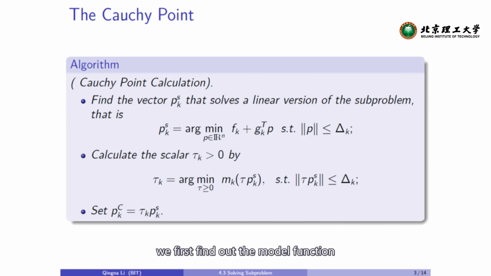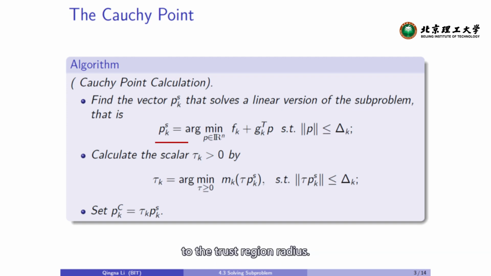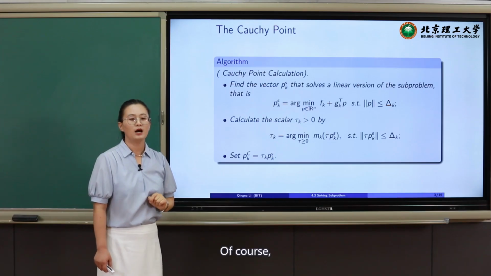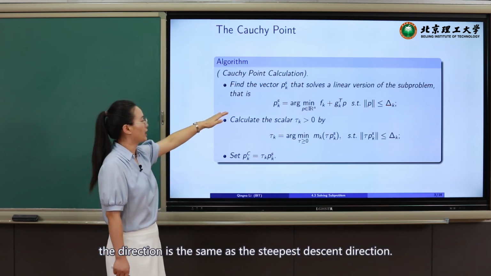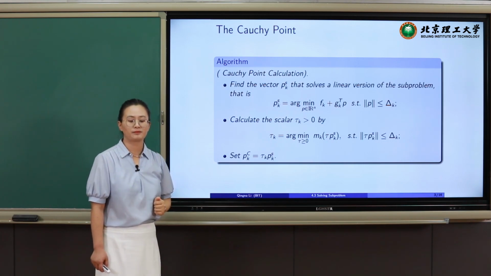Firstly, we find the minimizer of the model function with a linear term, subject to the trust region radius. In other words, in the first step, we solve a linear model function optimization problem. Of course, we can find later that the direction is the same as the steepest descent direction.